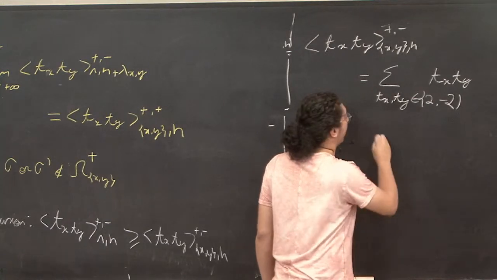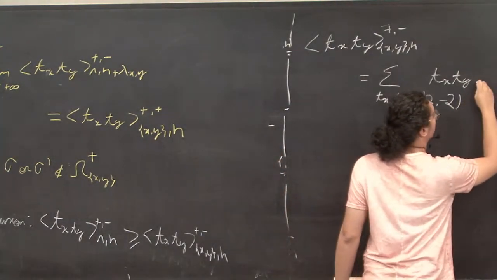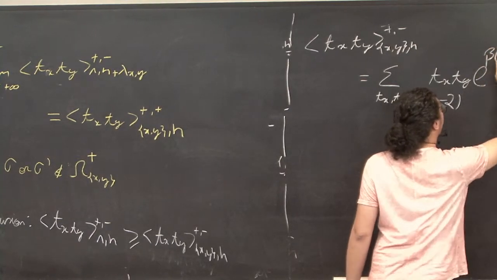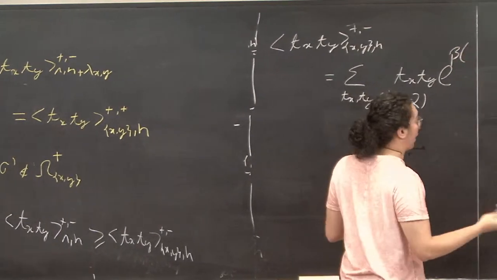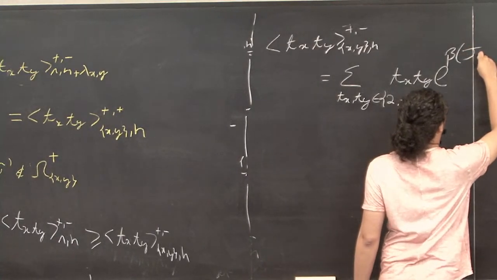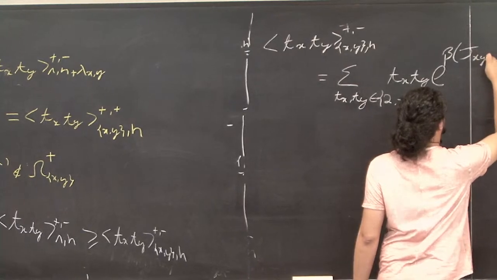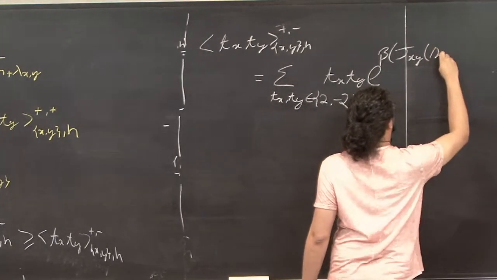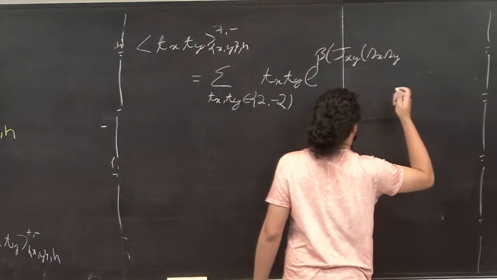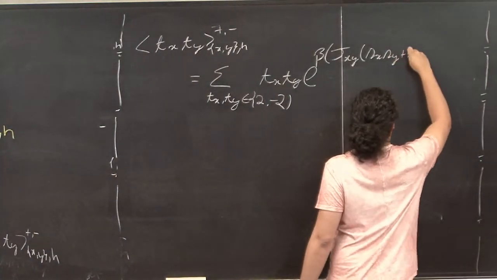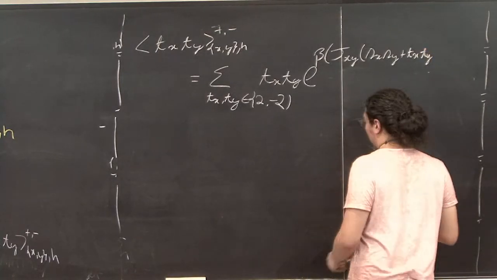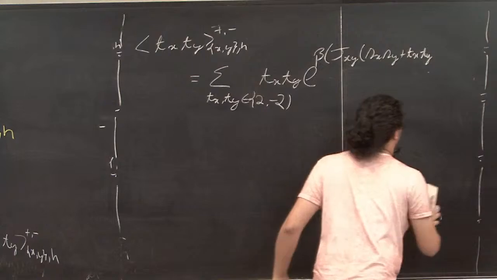Also, let's write everything. So here, exponential of beta, and here you have the Hamiltonian. We only have two spins, and the nearest neighbor interaction is x and y.